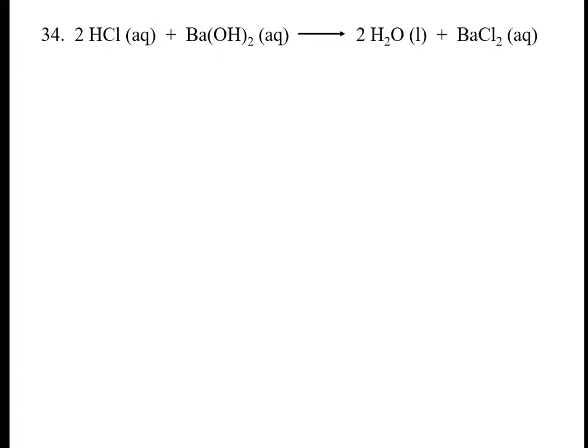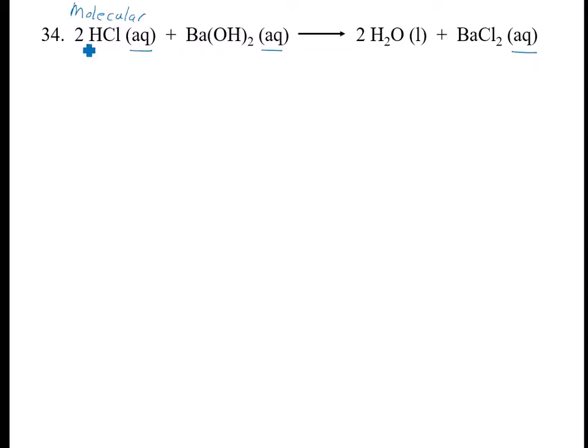So here's some examples. What I just said on the last slide is that this right here is the molecular equation. The molecular equation is given to you, you don't have to worry about that. To get the complete ionic equation, I take anything that's AQ and I write those as ions.